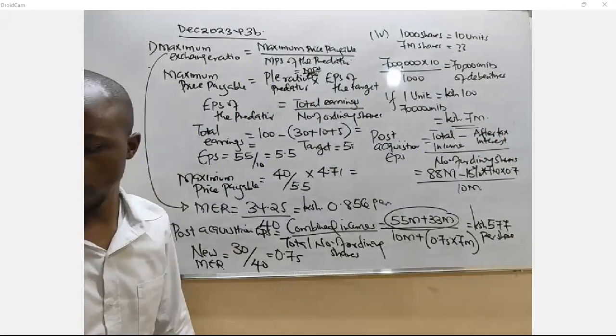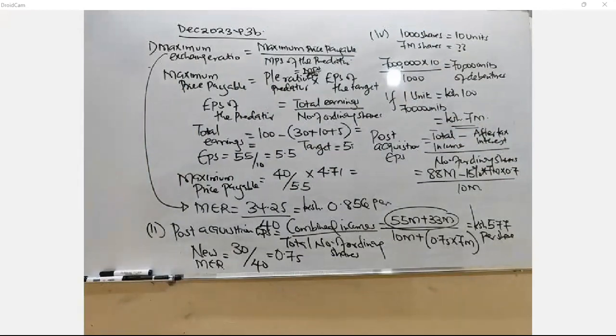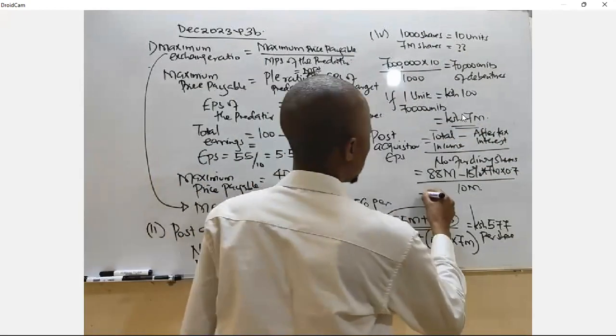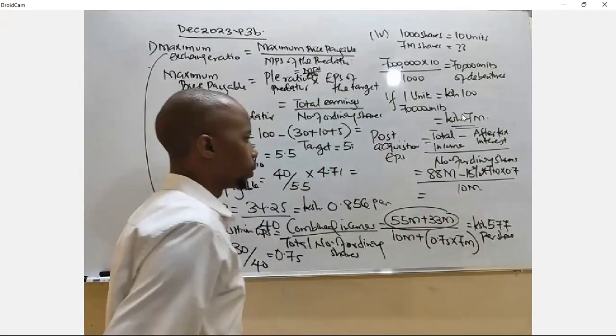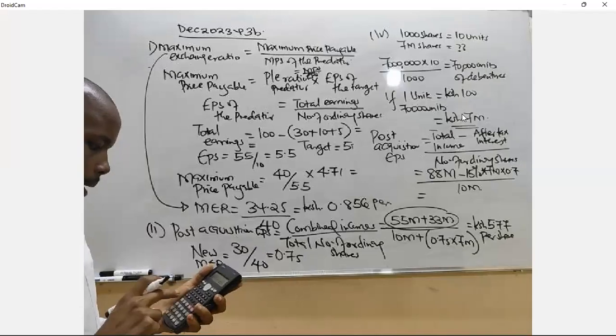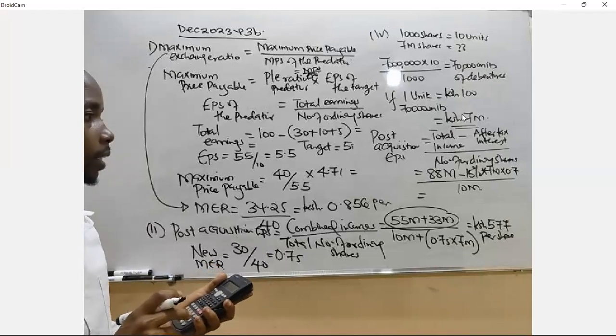So take your calculator out, and give me the answer here. What will be the answer? I take 0.15, multiply by 7, multiply by 0.7.